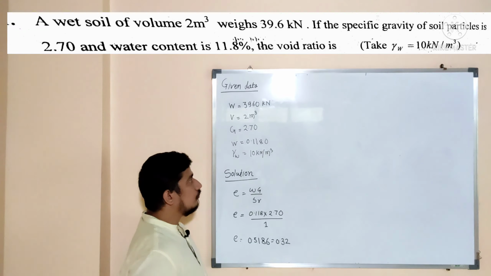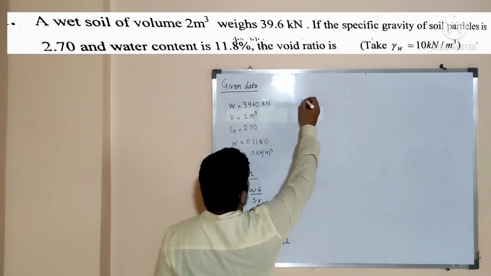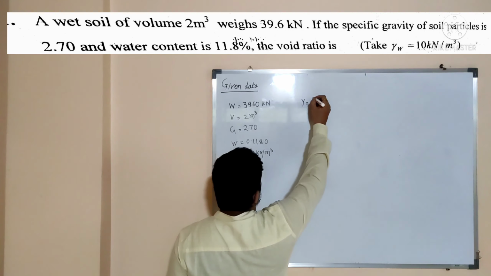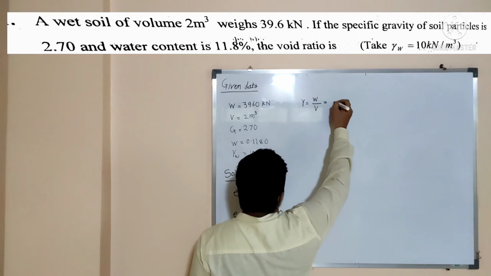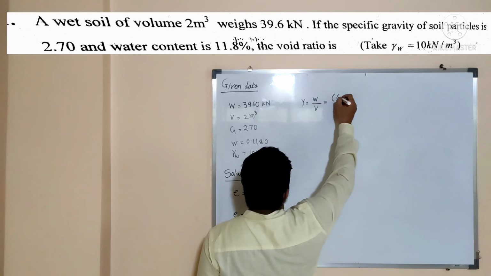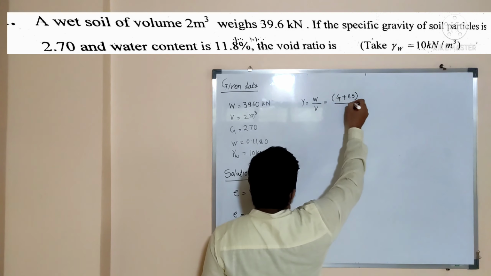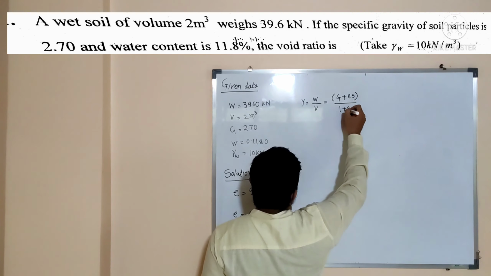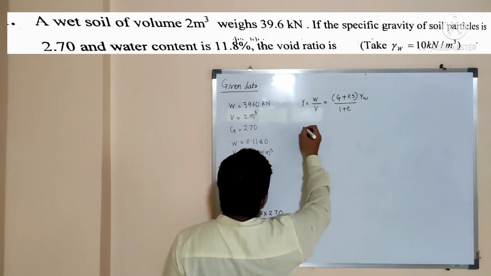So what we have to do is, we know the formula for gamma is nothing but the weight upon volume, and that is nothing but (G plus eS) upon (1 plus e) into gamma_w.